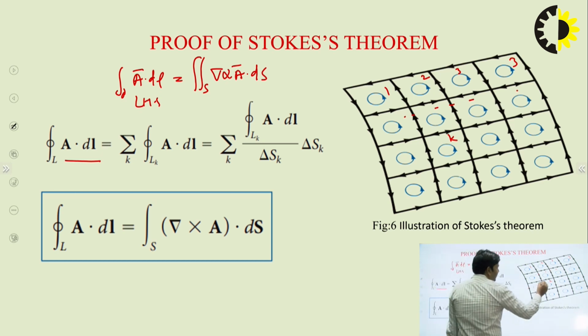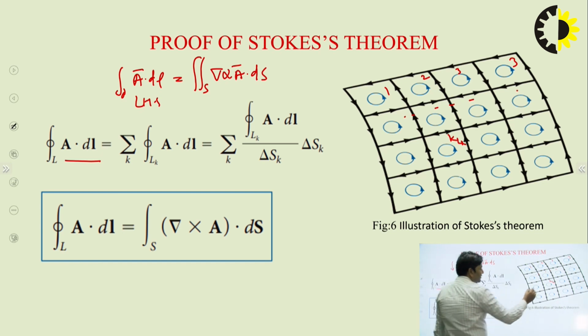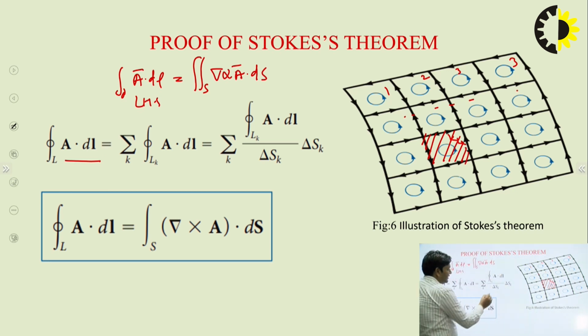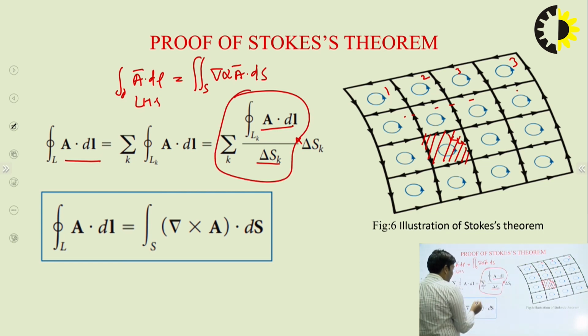This is the kth line L_k. If we divide by the surface area, delta S_k, and multiply as well, the line integral of that vector divided by the area is defined by the curl of that vector. So, we can say this is del cross A.